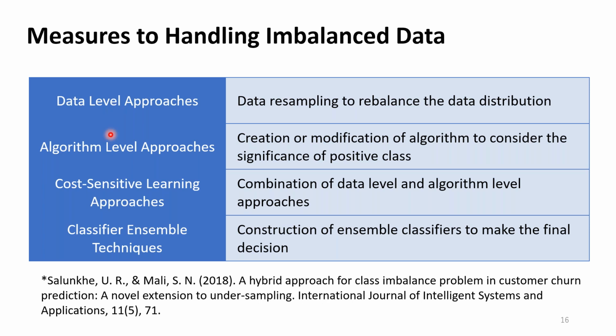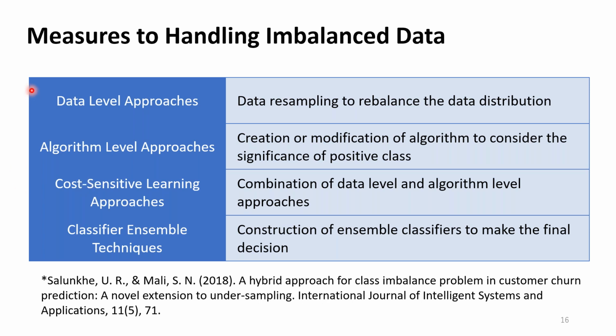Algorithm level approaches create or modify existing algorithms to take into account the significance of positive cases. Cost-sensitive learning approaches combine data level and algorithm approaches to incorporate different misclassification costs for each class in the learning process. And classifier ensemble techniques construct ensemble classifiers by combining multiple classifiers and their decisions to make the final decision.